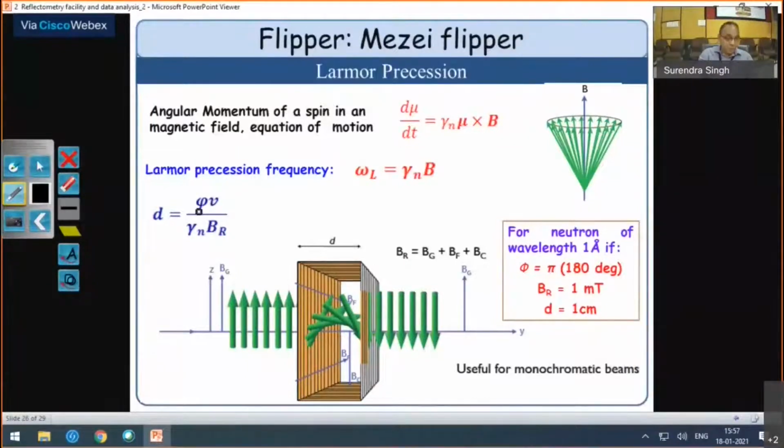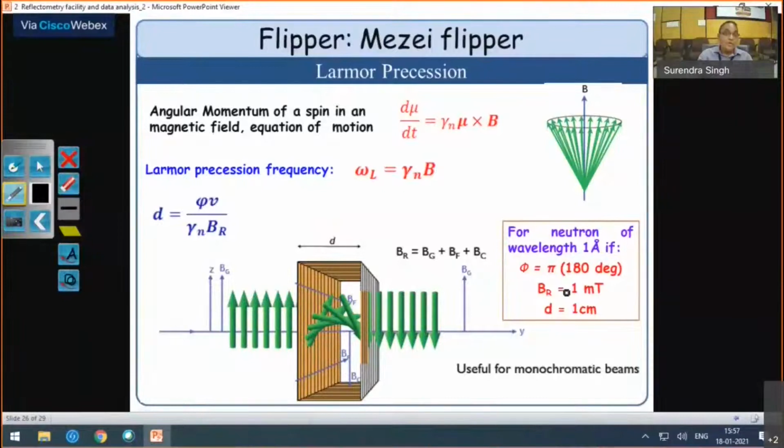Flipping the spin of the neutron means making phi 180 degrees. After the flip here, you will get spin down, and again you have the guide field, which will keep the spin of the neutron. If you put in the values for a neutron of 1 angstrom, you calculate the velocity of the neutron, put phi as 180 degrees, and you will see Br equals 1 millitesla.